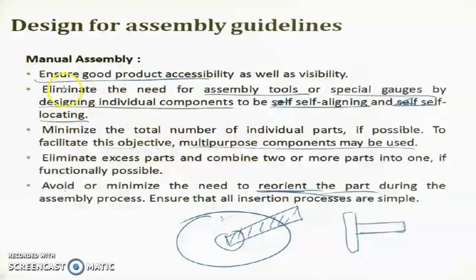In that way you can do the manual assembly. Avoid or minimize the need to reorient the part during the assembly process. Ensure that all insertion processes are simple, means you should not have very complex insertion processes whenever you are doing manual assembly.